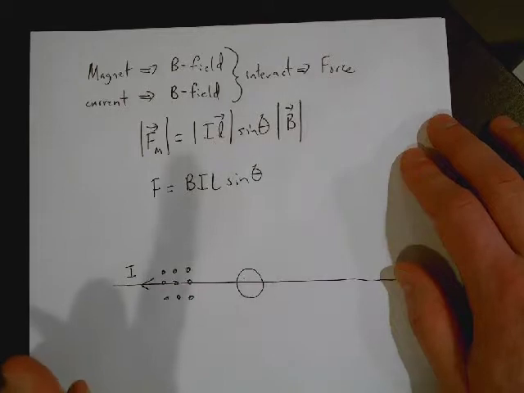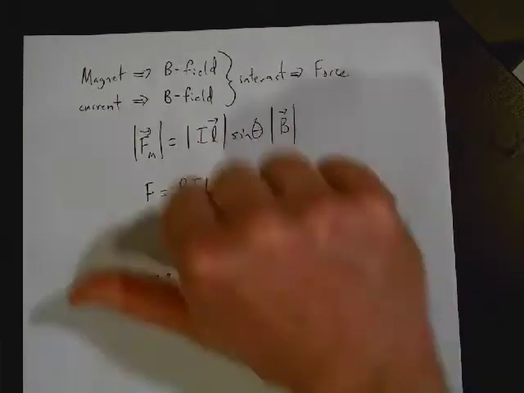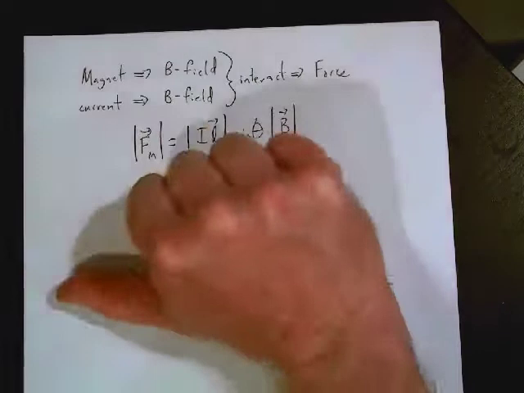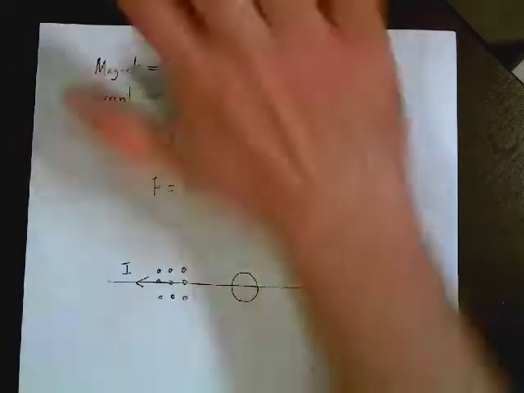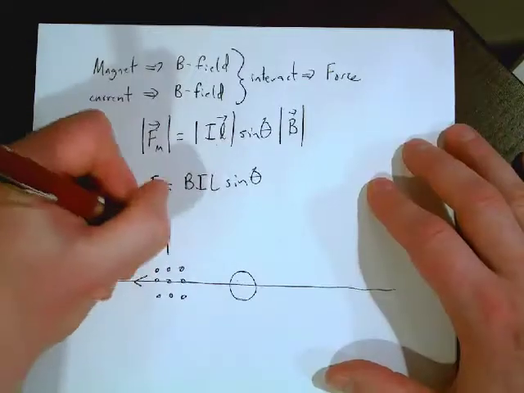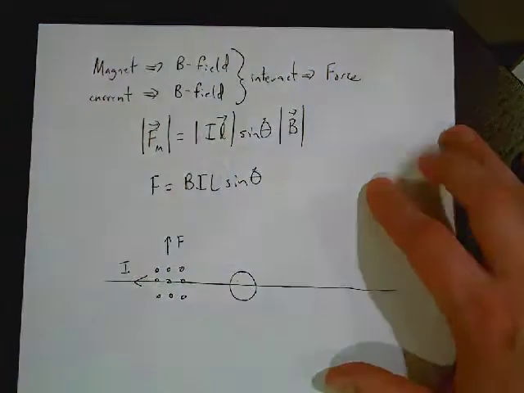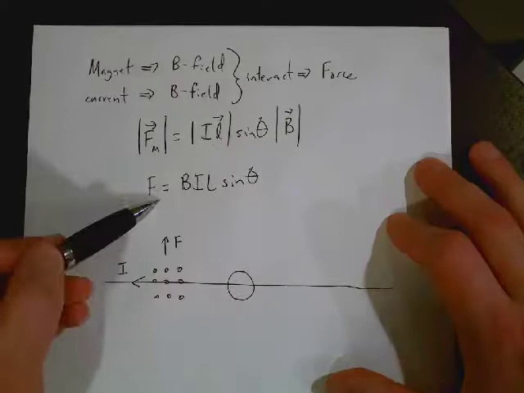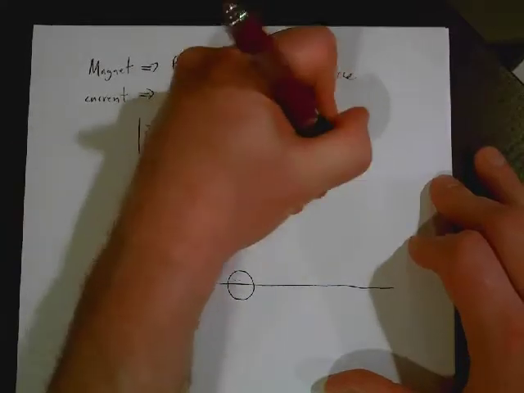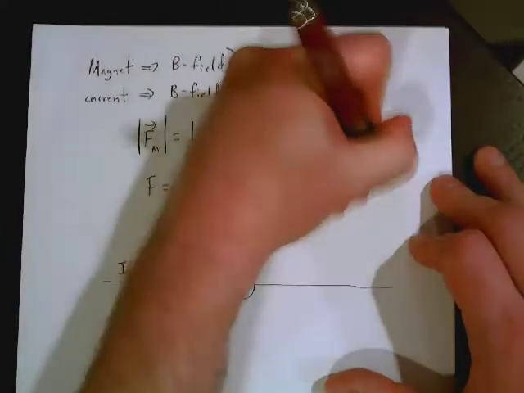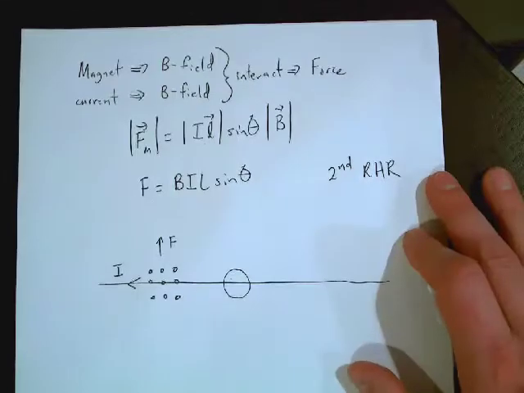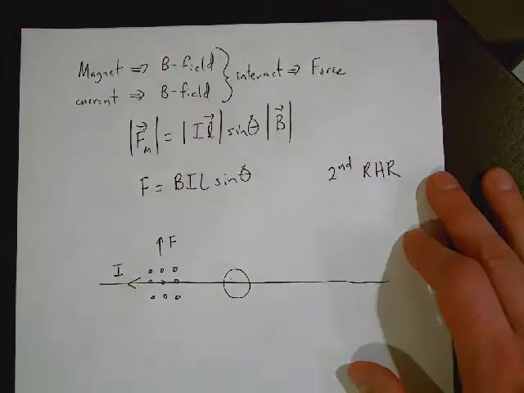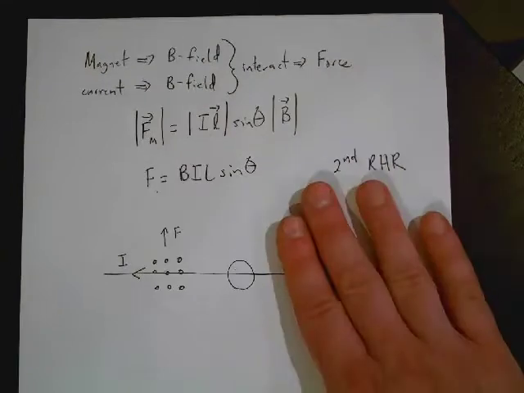Does everybody understand if the north is on the top, why you would have a magnetic field coming up out of the page? Is everybody with me there? And then when you guys did this, you had current, magnetic field. Oh yeah, the force. In this case, the force would be this way. So this is where, to find the magnitude, you do this, and then to find the direction, you had to use the second right-hand rule. Is everybody okay with that?